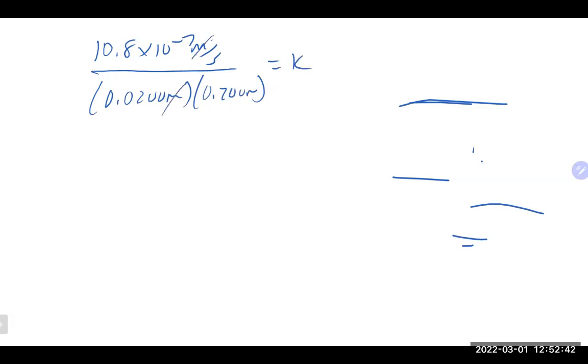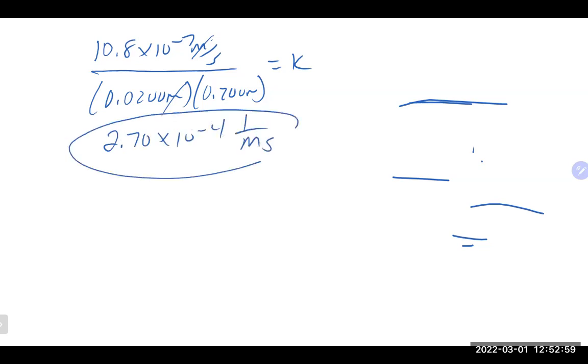Again, molarity and molarity will cancel each other out. That will get us 2.7 times 10 to the minus 4, 1 over molar seconds, in that ballpark.